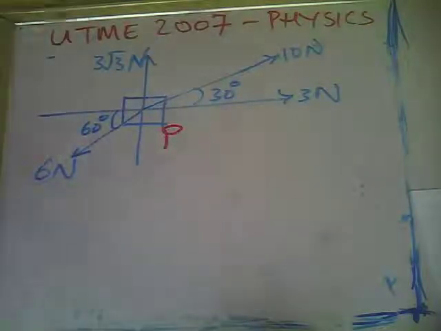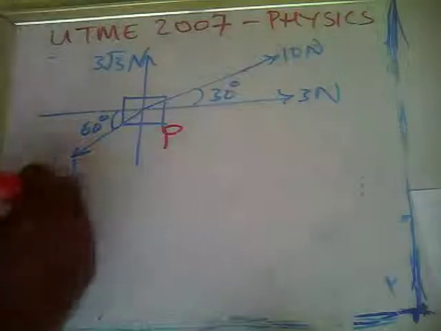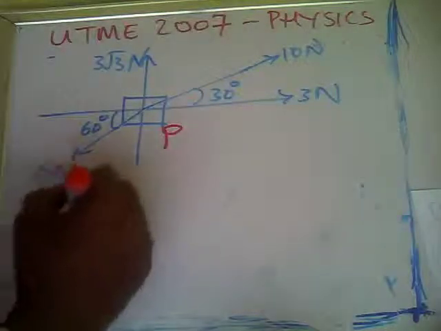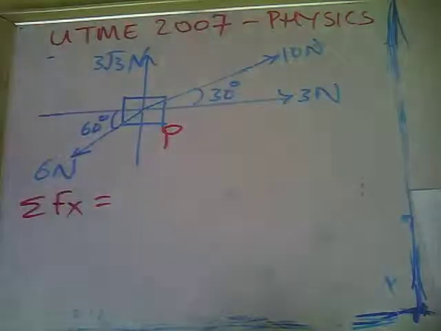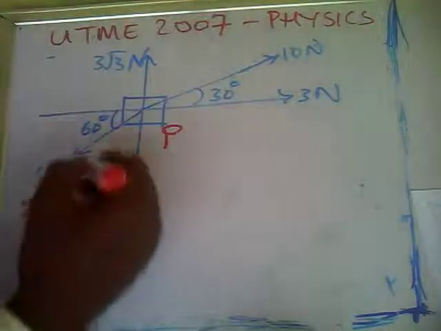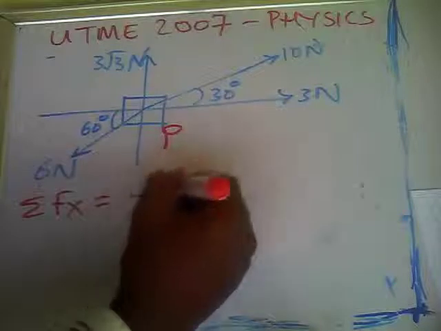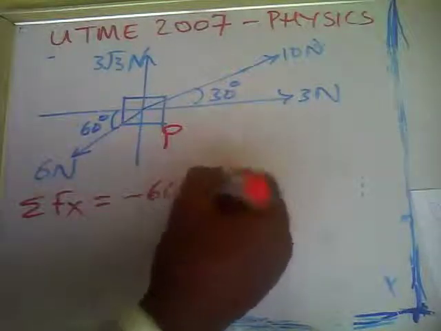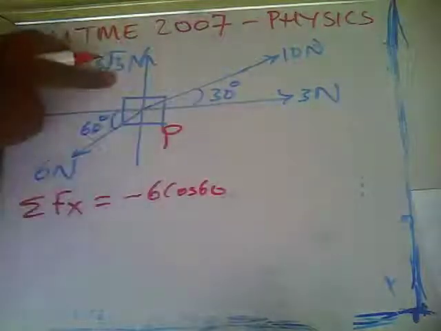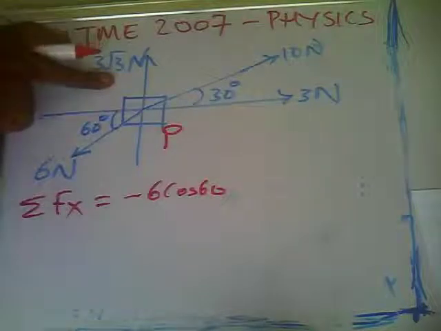Now what we have to do is find the summation of the horizontal components. So this one here we resolve along the horizontal, that is minus 6 cos 60. Of course this one has no component along the horizontal.